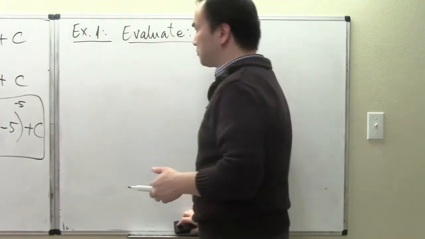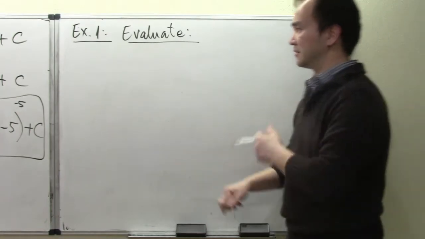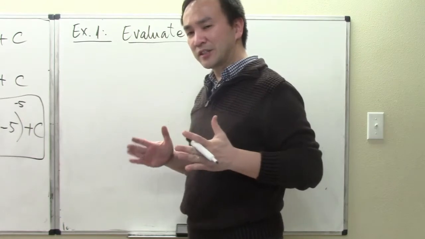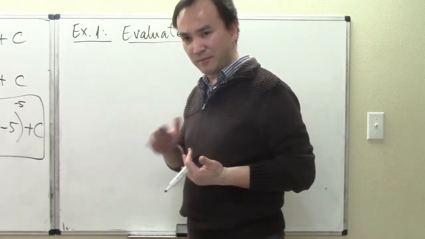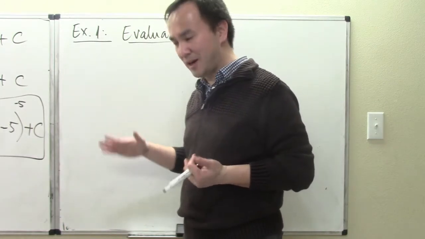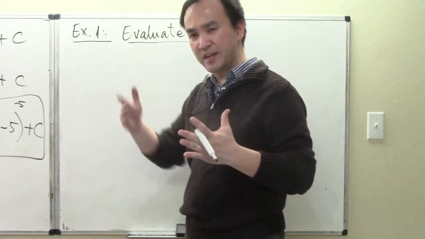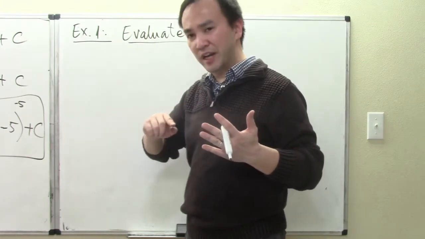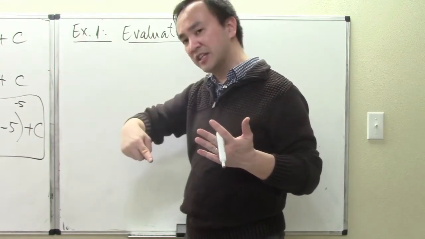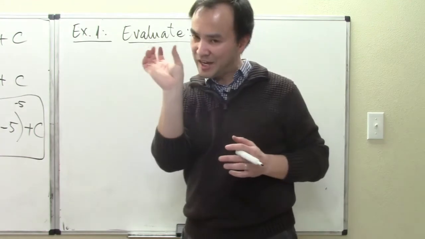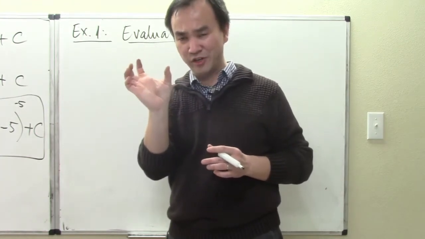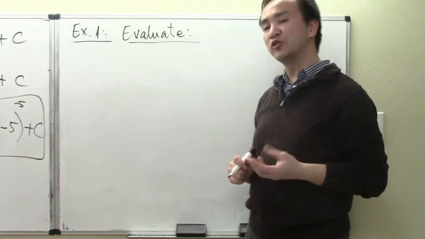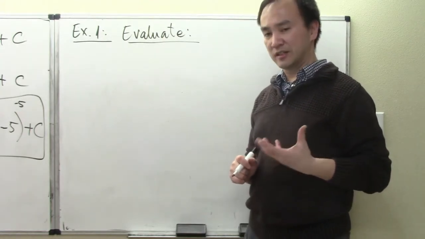So throughout questions A, B, and C of this example 1, you can see that I try to show you that experience. I'm not saying that it always works, but a lot of times when you see an expression trapped inside either a high power or a root, and it doesn't matter if the power or the root is in the denominator or not, you can take that expression inside the power or inside the root and use it as your selected substitution.